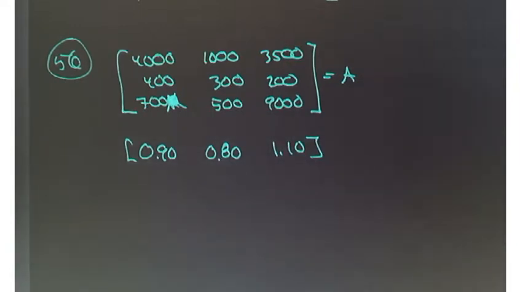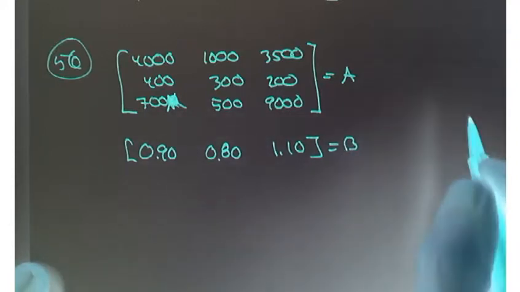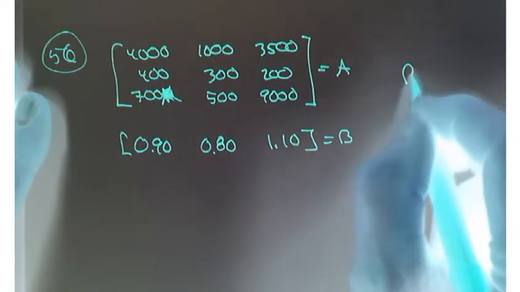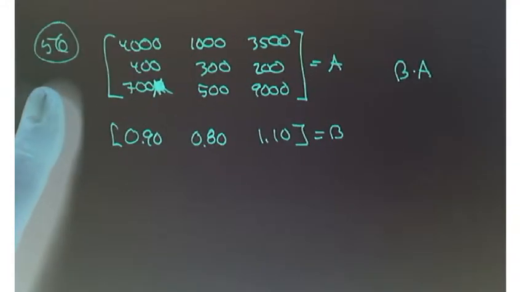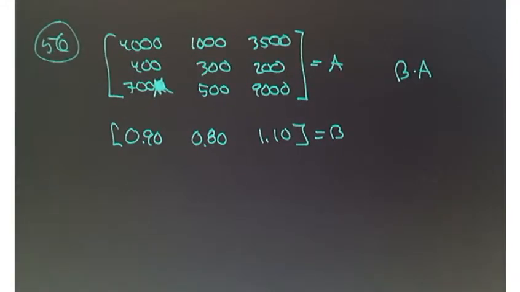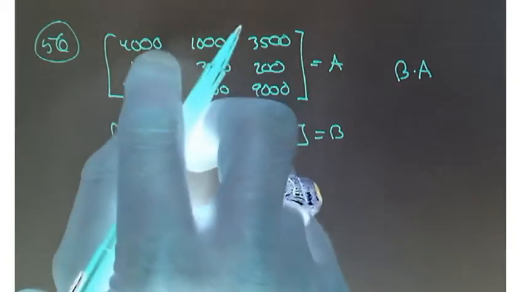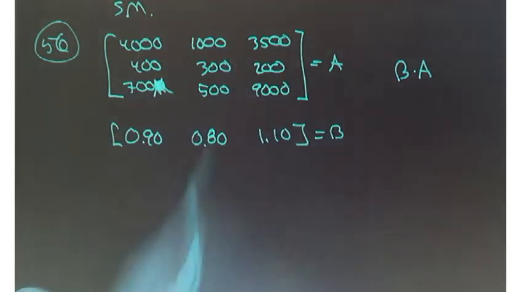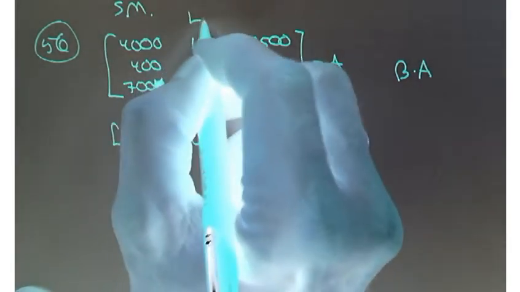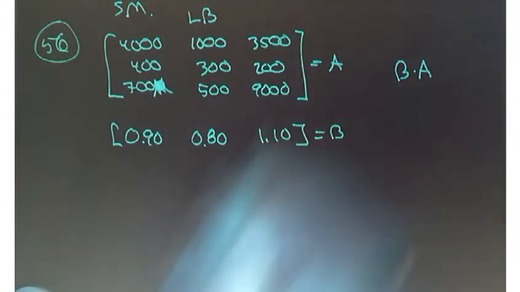And your milkshakes cost $1.10, and that's matrix B. Now they asked us to form B times A. They want us to form that product. And these are your different stores. So you have a store at Santa Monica, Long Beach, and Anaheim.